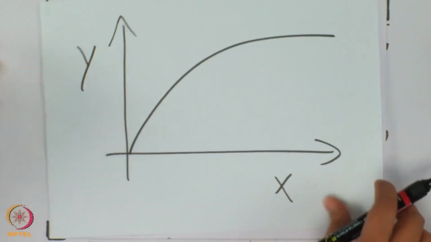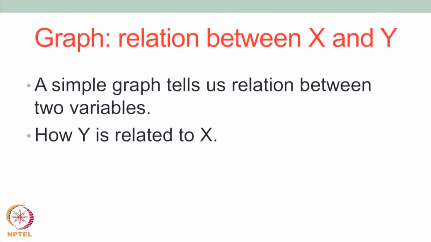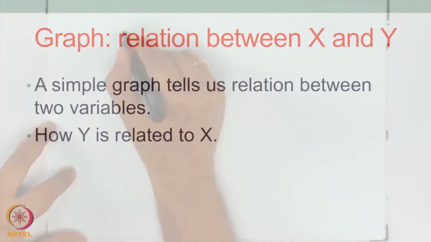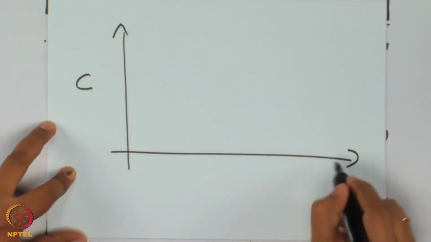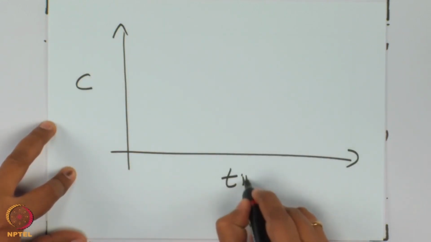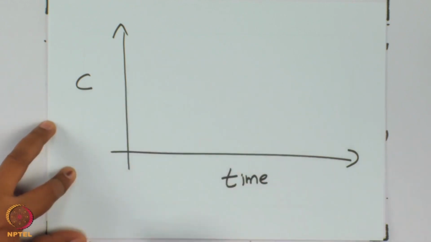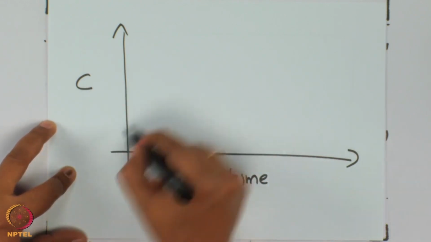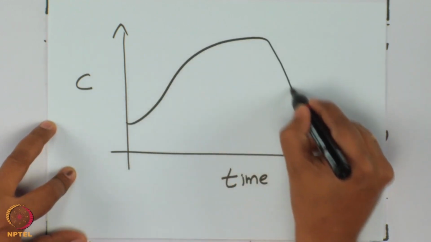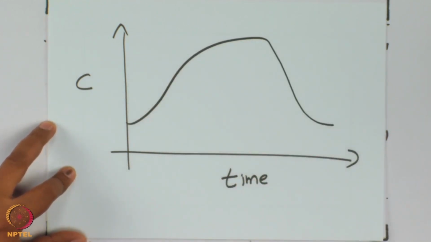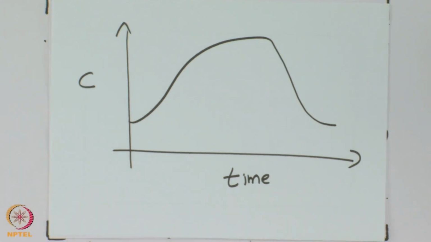The simplest thing we would do in biology is concentration. For example, how does the concentration of a particular protein change with time? The concentration could increase or decrease. It could first increase and then saturate and then decrease, and all kinds of things can happen depending on the context. So one can have a relation between concentration and time, or any two variables.